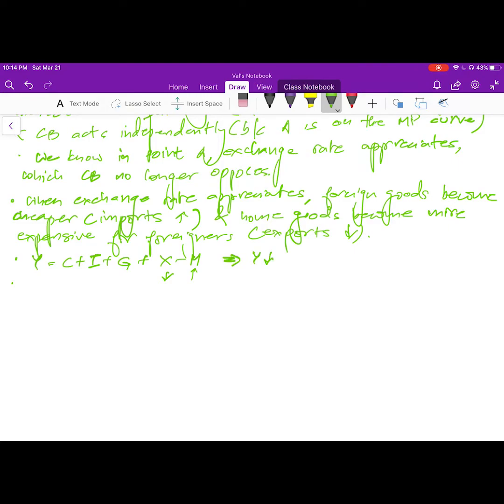So even if the central bank doesn't care about the appreciating exchange rate, because this is a floating exchange rate economy, it still has to respond to the impact of the appreciation on the output.